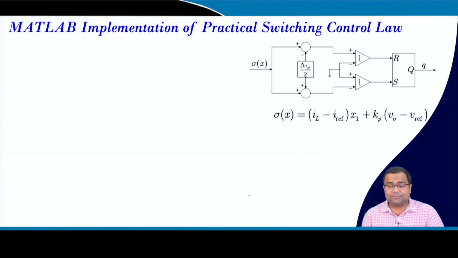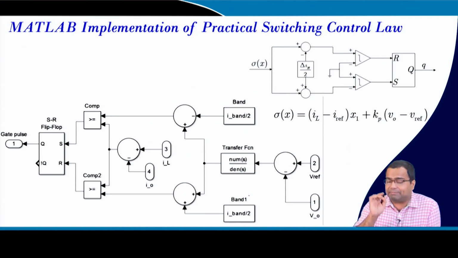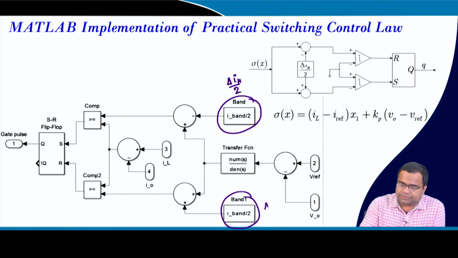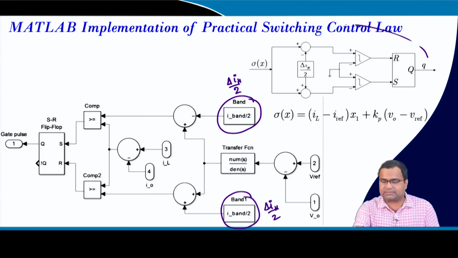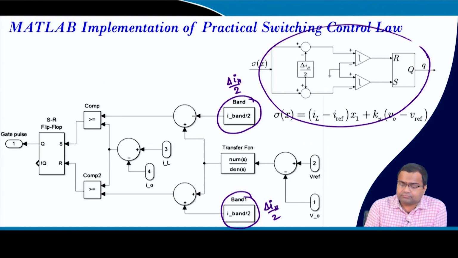If you go to the next, here I am using a different implementation. Here you can see this band, which is my delta IH by 2, the same band, delta IH. You can implement it the way I have explained, no problem, but I have implemented it in a different way. I can change this and do it whichever way.